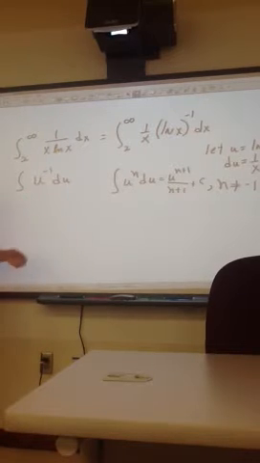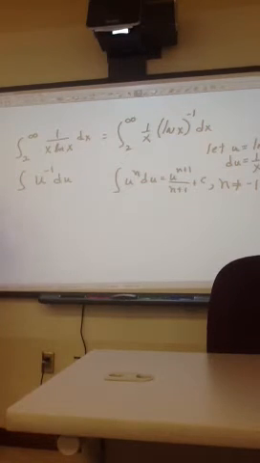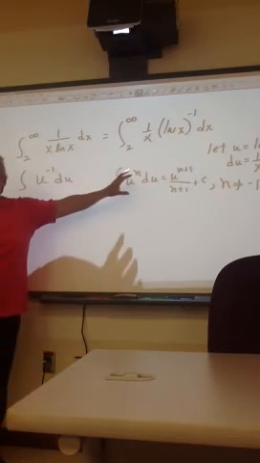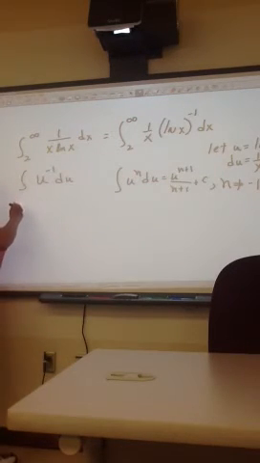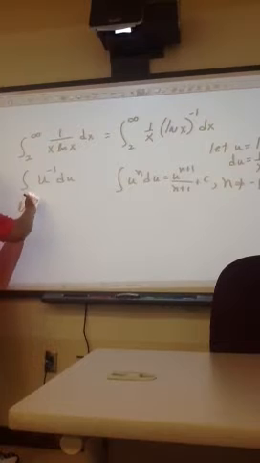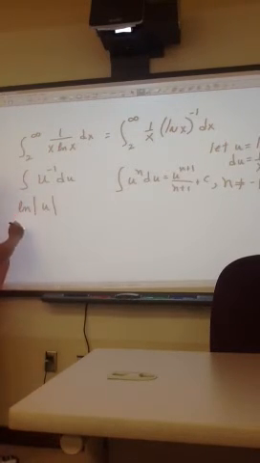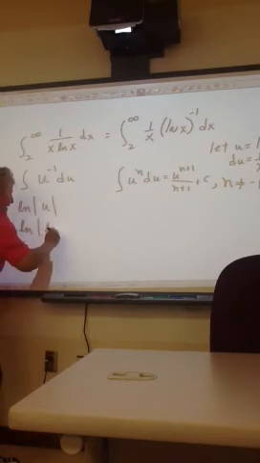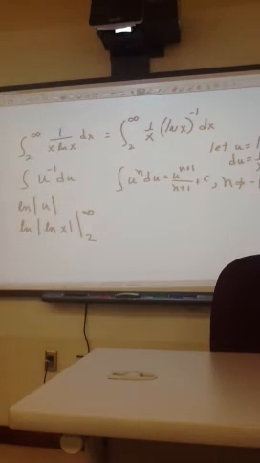I know it was so tempting to just divide by negative 1 plus 1, and then you go, uh-oh. When you go uh-oh, I hope you'll say to yourself, that's the place where I need a natural log. This is really the ln of the absolute value of u, which is really the ln of the absolute value of the ln of x, now evaluated from 2 to infinity.